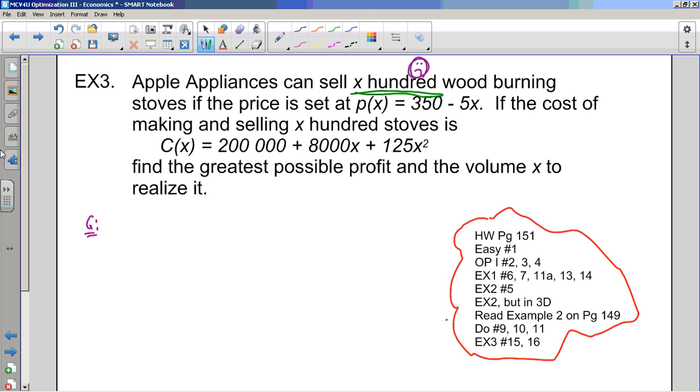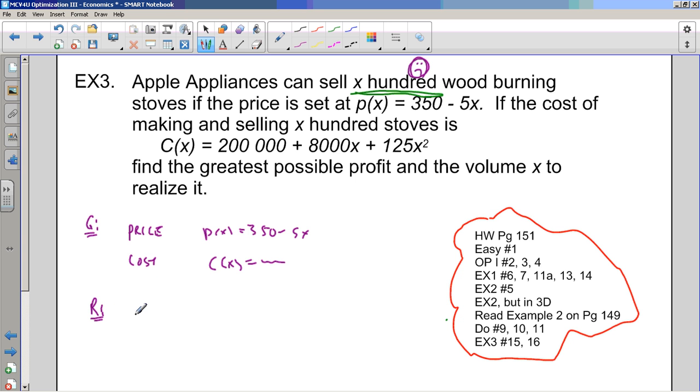So what are we given? We're given that the price is set at that, and we're given a cost function, and I'm not going to copy it out yet. Great. What do I want?